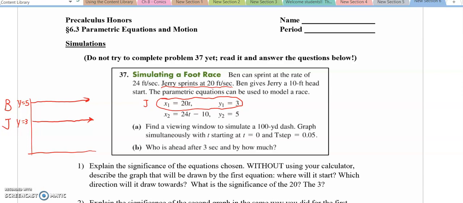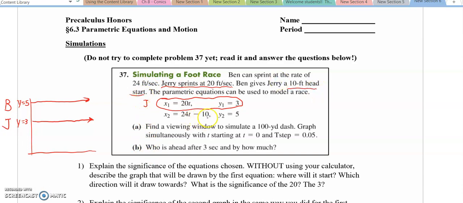So, the second set of equations, we already discussed the 5 is just arbitrary. The 24 is the rate at which Ben runs. And 10 is, if you look through the problem, it says that Ben gives Jerry a 10-foot head start.